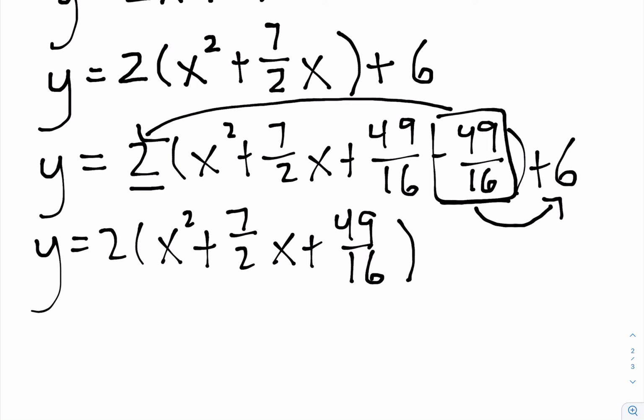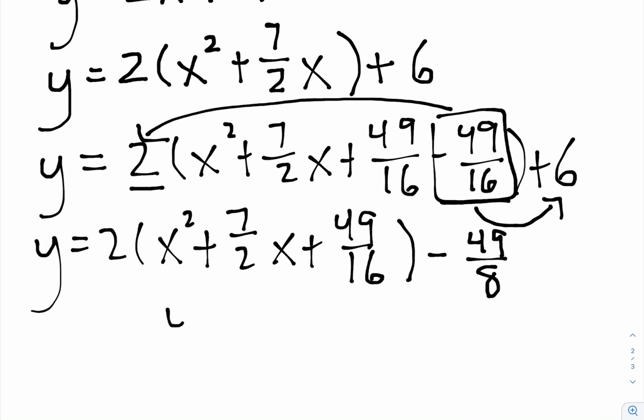And negative 49 over 16 times 2 is going to be negative 49 divided by 16 divided by 2. Right? So 16 divided by 2 is 8.